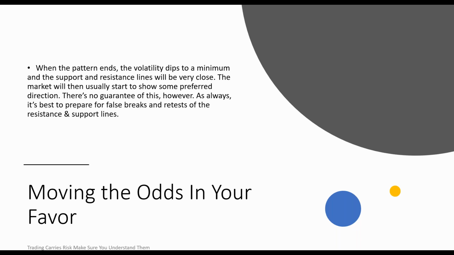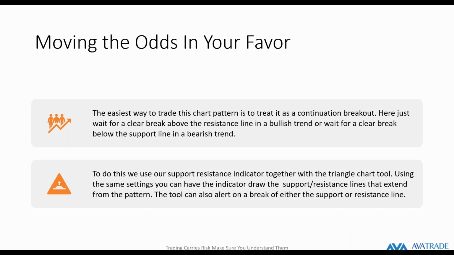When the pattern ends and the volatility dips to a minimum, the support and resistance lines will be very close, and the market will then usually start to show some preferred direction. There's no guarantee of this, however. As always, it's best to prepare for false breakouts and retests of the support and resistance lines. The easiest way to trade this chart pattern is to treat it as a continuation breakout.